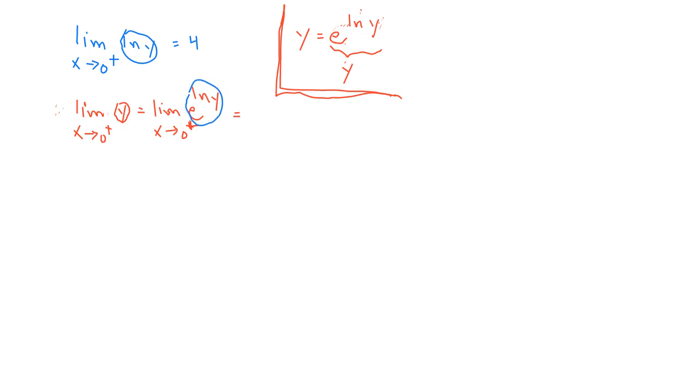So what would the limit be? Since the log of y approaches 4 as x goes to 0 from the right, what would e to the log of y approach as x approaches 0 from the right?